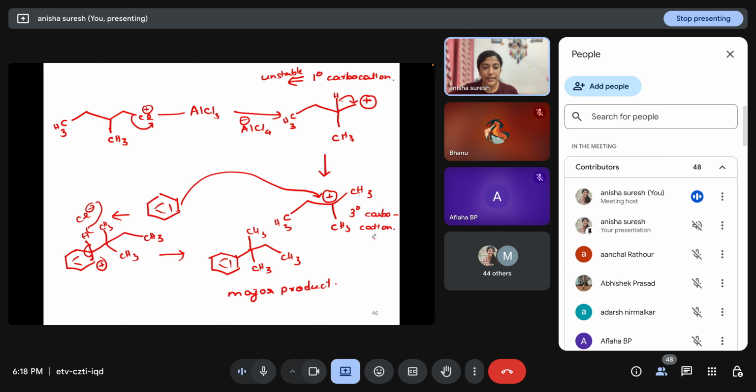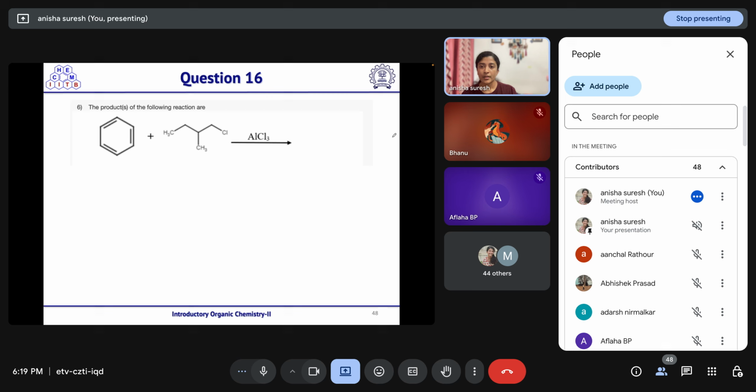In this case, the tertiary carbocation is stable. It will lead to formation of the major product. So a 1,2 hydride shift is taking place here.